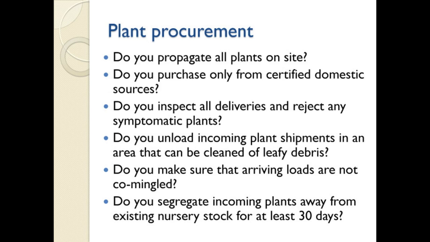You make sure that loads that arrive from several different sources are not commingled so that you can track the source of those plants. And you segregate incoming plants for at least 30 days without moving them and commingling them with your existing nursery stock. That would probably really have helped with the box blight situation, because we know it doesn't move through the air very readily, but it is moved on plant leafy material especially.